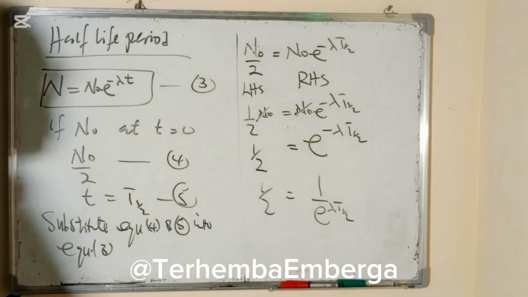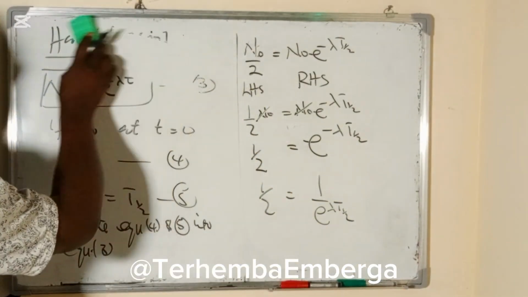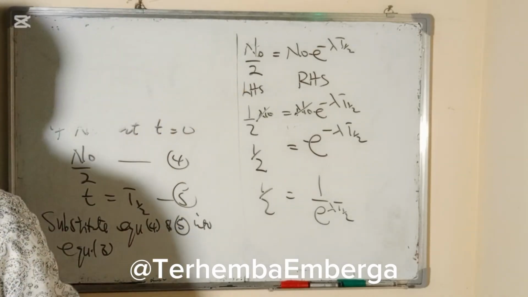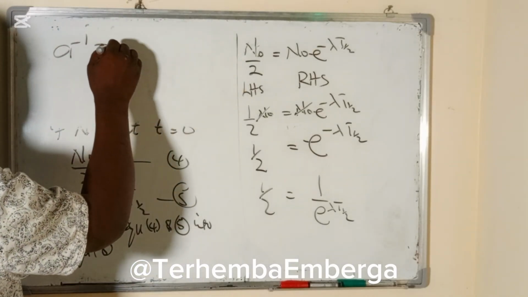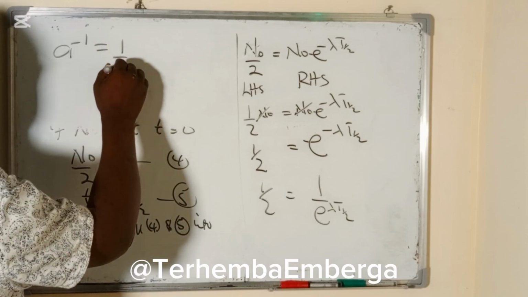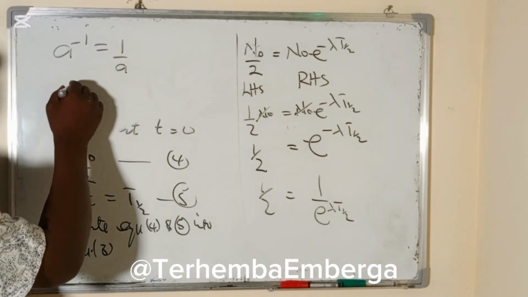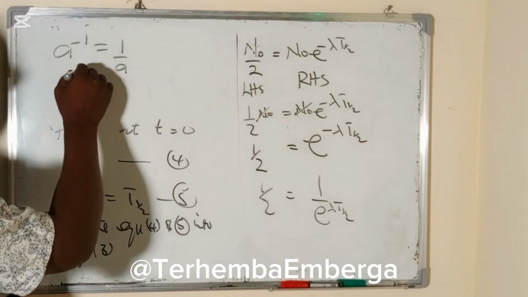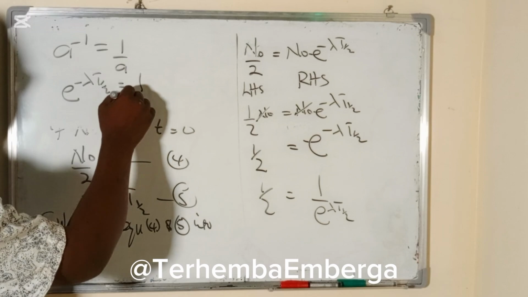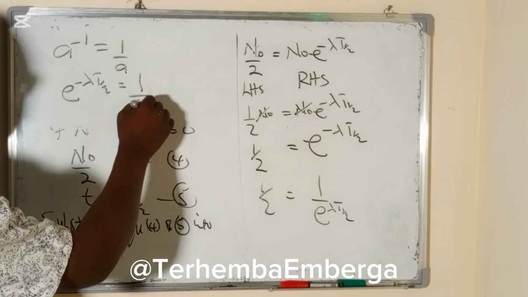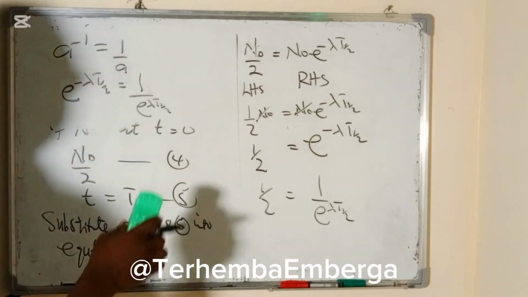We can do this because we know from indices, if I have something like A raised to power minus 1, I can write it as 1 all over A. So when I have e raised to power minus lambda t half, I'm free to write it as 1 all over e to the lambda t half.